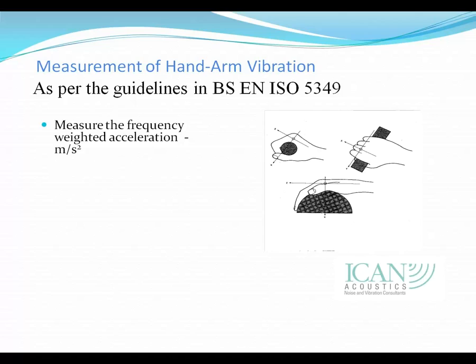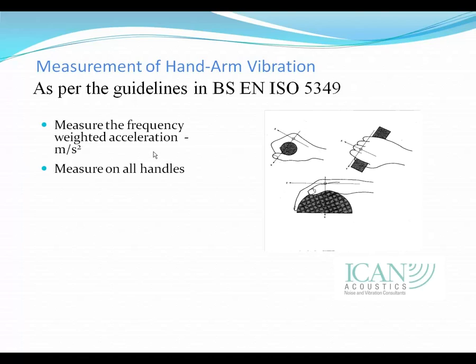While we use an accelerometer, we're not measuring the linear acceleration. We are measuring a weighted acceleration that has been corrected to represent how vibration affects, or the sensitivity of the hand and the hand and arm to vibration in certain axes. So again, what is important, it's a weighted acceleration.